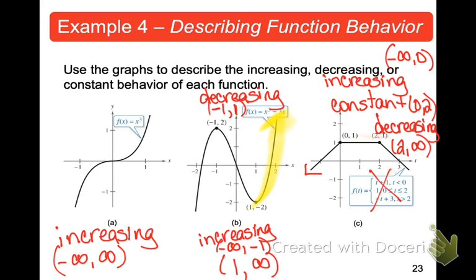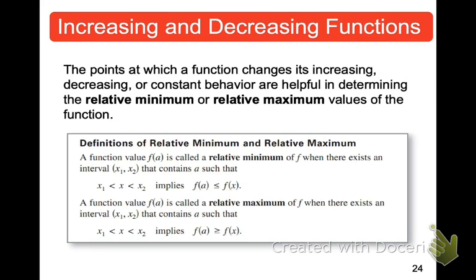Okay, more definitions. When we talk about parabolas, your x squared, you're going to have a maximum and a minimum. When we're talking about other types of graphs, you could have a relative minimum and a relative maximum.